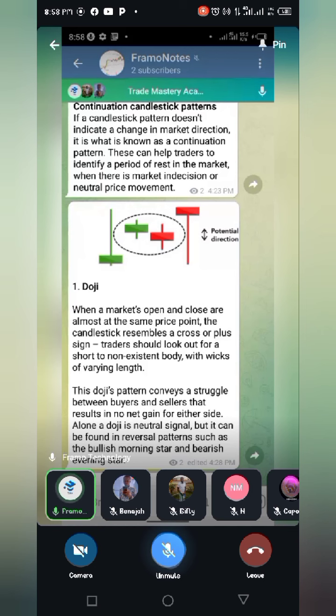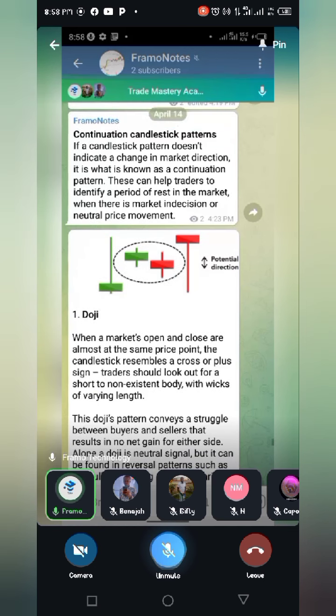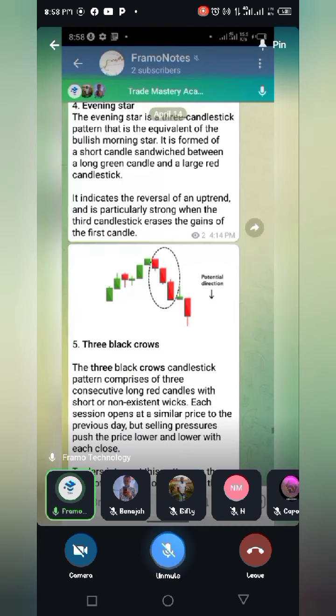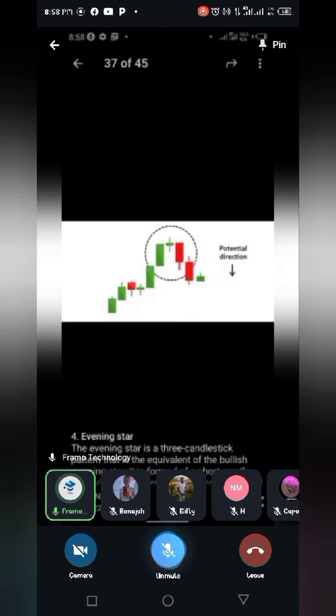So when we were learning the morning and evening star, have you seen a doji formed in between the bigger candlesticks? Have you seen it? Yes.